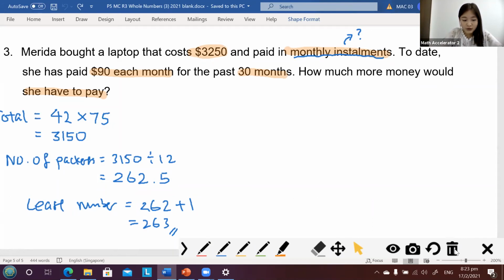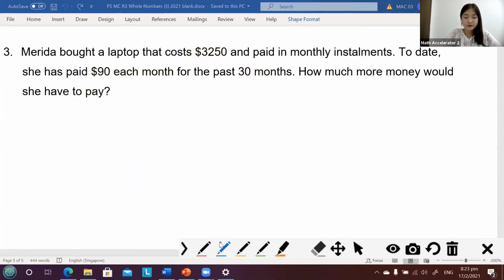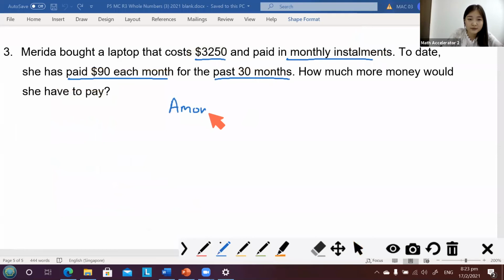So how do we do this question? She has paid $90 each month for the past 30 months. So how much has she paid already? Amount paid. This is for 30 months. That means every month she's paying $90 installment.